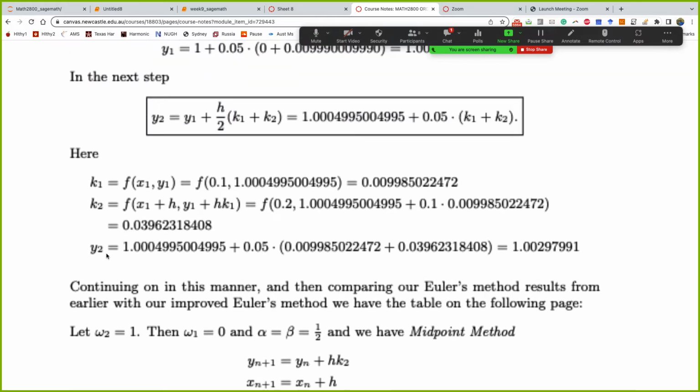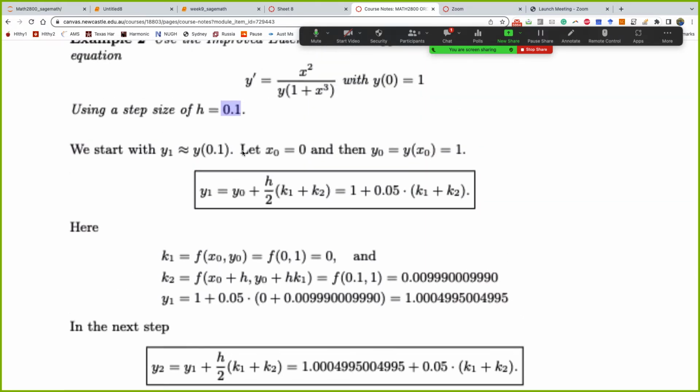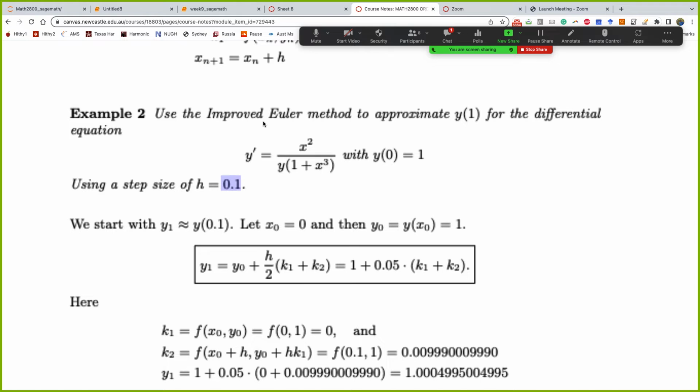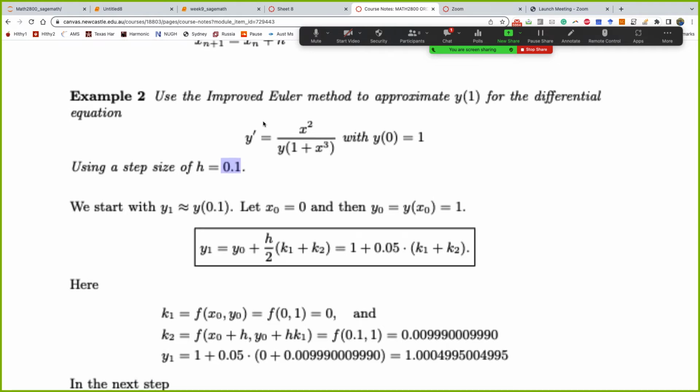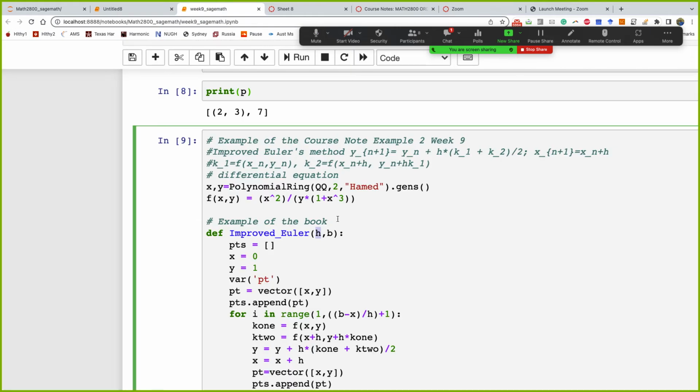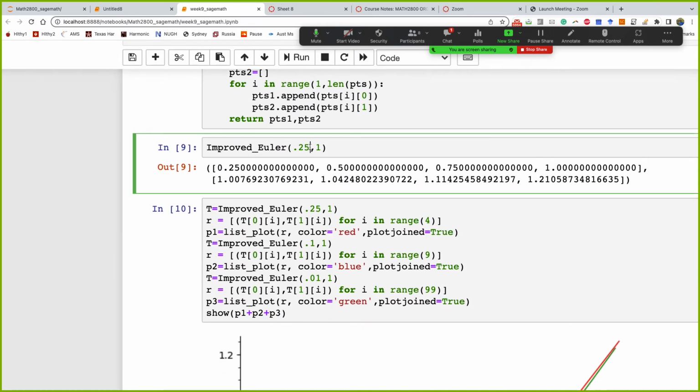Okay, so y2, I think it's going to calculate 1.1, maybe? No, 0.1. Okay, y of 1. With using this one, that's 10 steps. I will call this one 0.1.